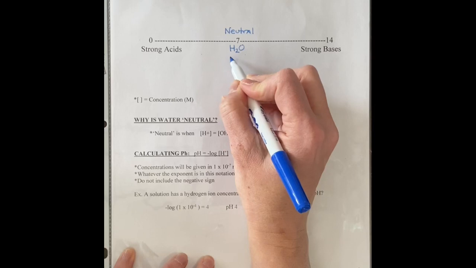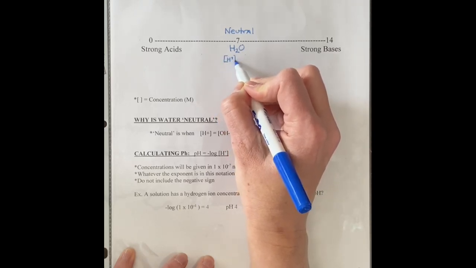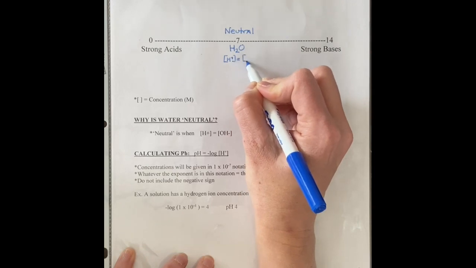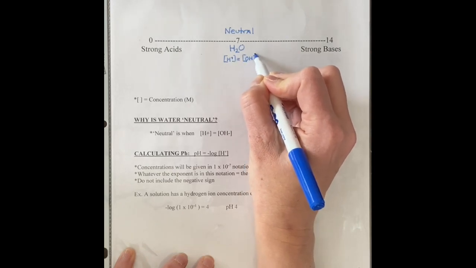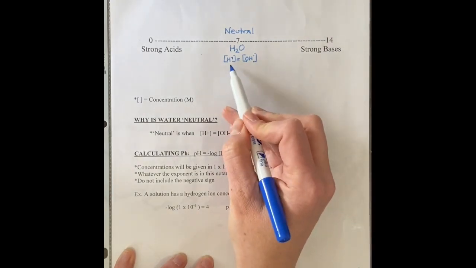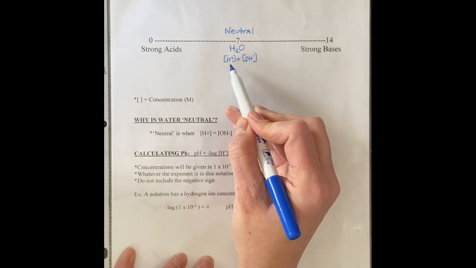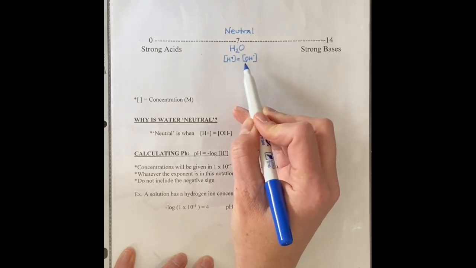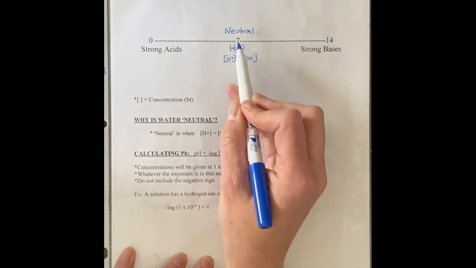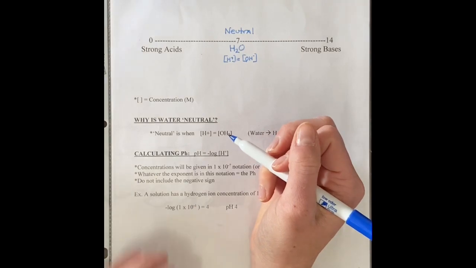If you think about what water is made of, you have one hydrogen and one hydroxide bonded together. Think about what we've talked about: hydrogen ions for Arrhenius acids, hydroxide ions for Arrhenius bases. Well, if the H is equal to the OH, you don't have anything acidic, you don't have anything basic, you've got something right smack in the middle, which is going to be a neutral solution.